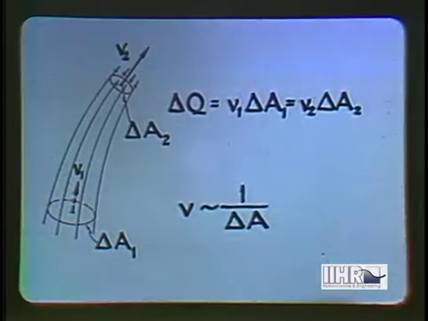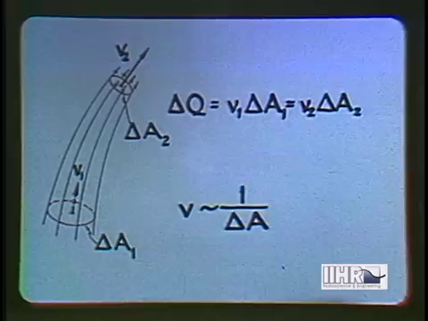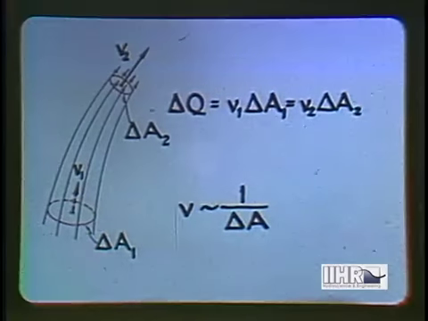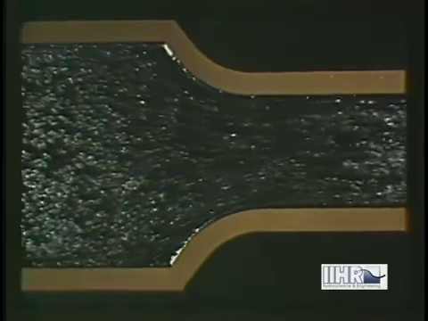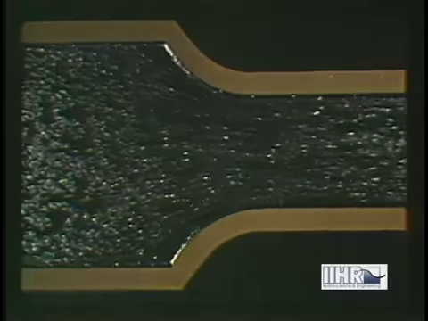The velocity of the fluid in the filament must therefore vary from section to section in inverse proportion to its cross-sectional area. In two-dimensional or plane motion, the velocity is thus inversely proportional to the spacing of the streamlines.